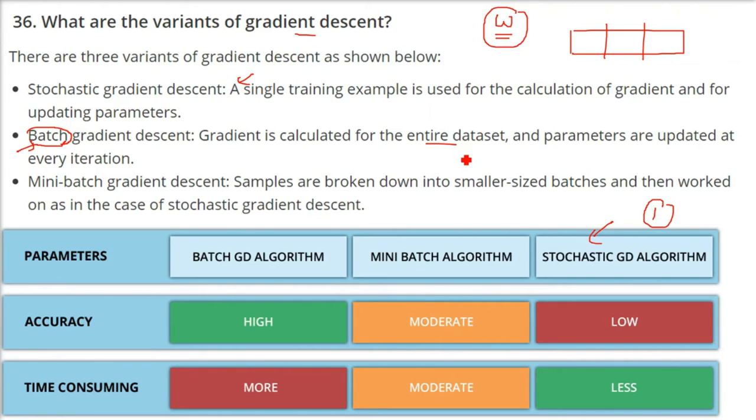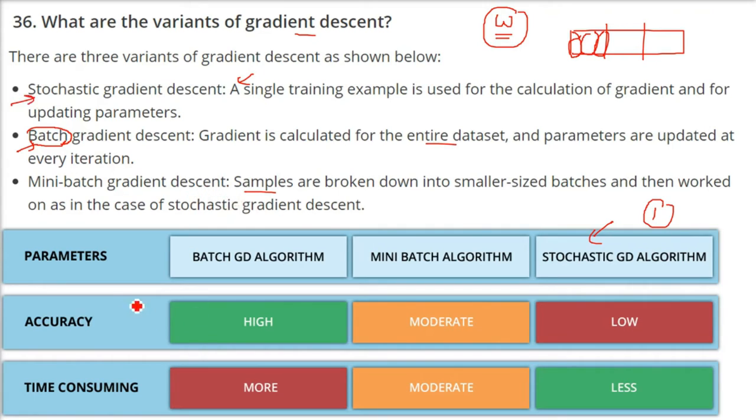This is batch gradient descent. Mini batch gradient descent, here the samples are broken into smaller sized batches, that is some smaller size data set, and then worked on as in the case of the first one, that is the stochastic gradient descent.